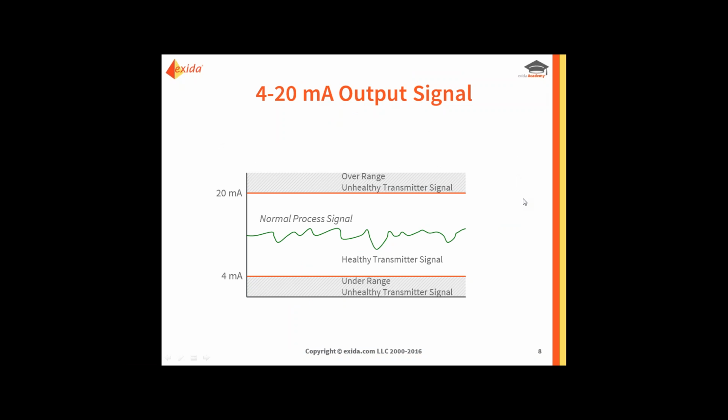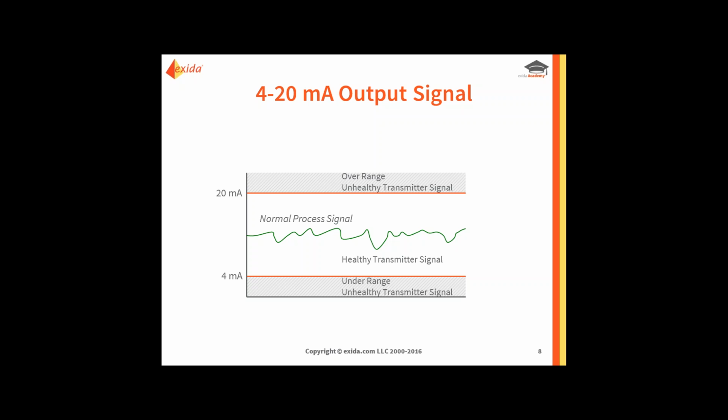So what does the 4 to 20 milliamp output signal usually look like? Typically our processes are dynamic, so we can see a squiggly line, as you can see here on the slide, that follows the process value as it changes over time. Our normal process signal in a 4 to 20 milliamp output circuit will be between 4 milliamps and 20 milliamps.